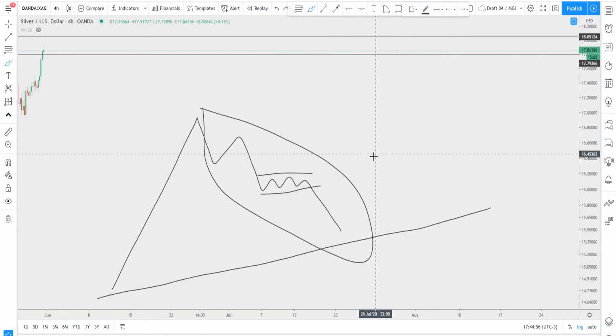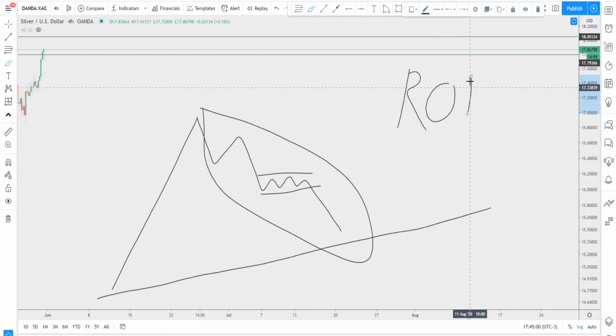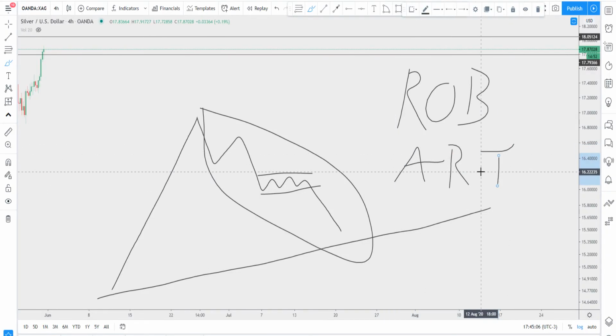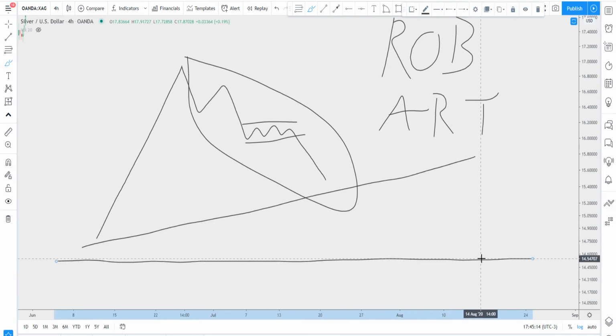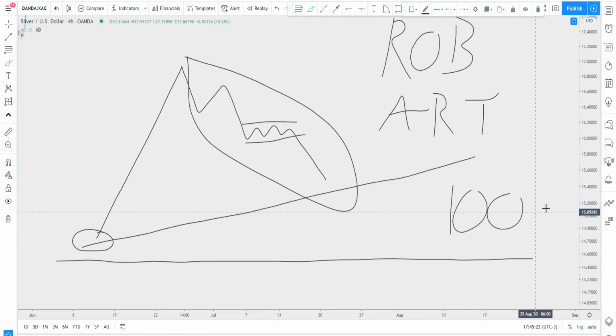For example, there is a guy named Robbie Art or Roberto. It's a spoiled child. This guy is calling for something like this. He's calling for a retraction below the previous gains. So he's calling for a 100 plus correction, which we never had.